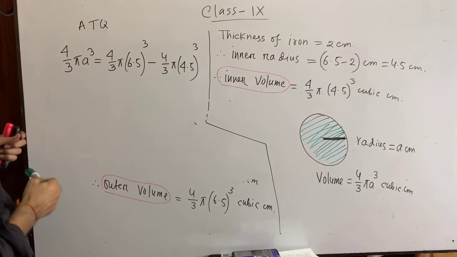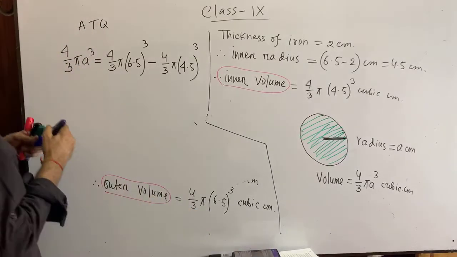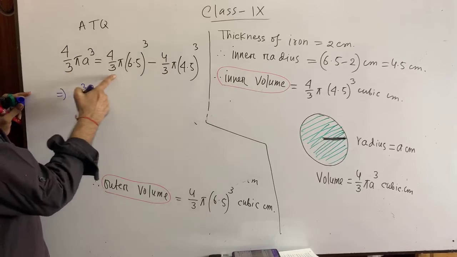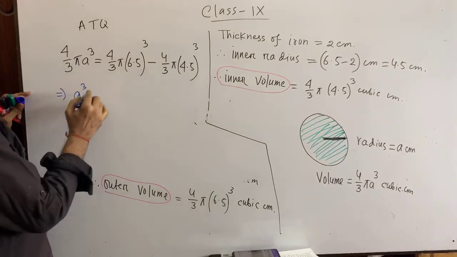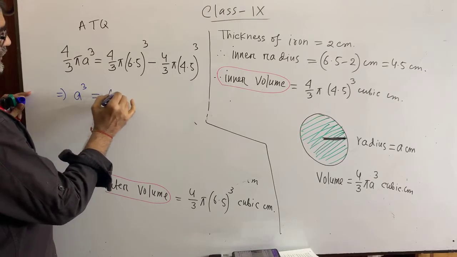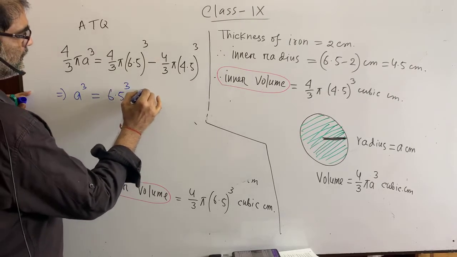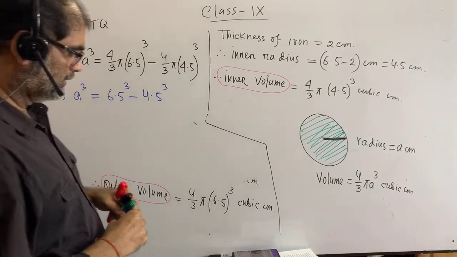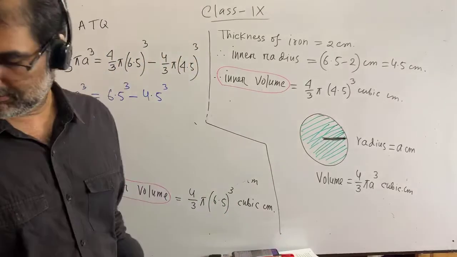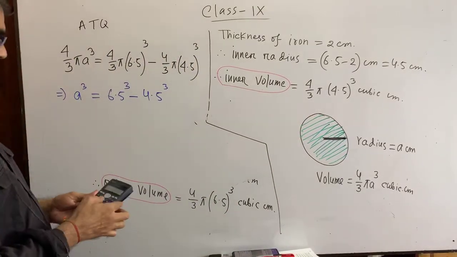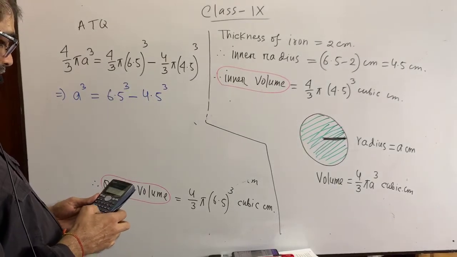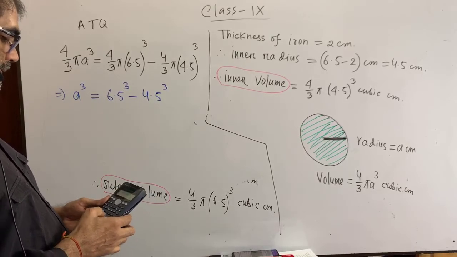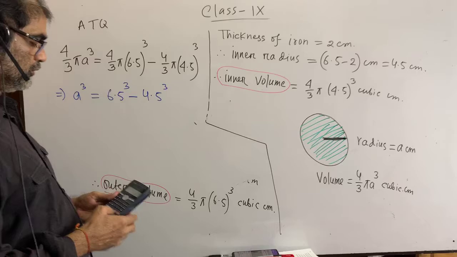Now you see we can write here a cube is equal to, like the previous math, 4 by 3 pi will be cancelled. So a cube equals 6.5 cube minus 4.5 whole cube, right? Now use the calculator to determine 6.5 cube minus 4.5 cube. It is equal to 183.5.